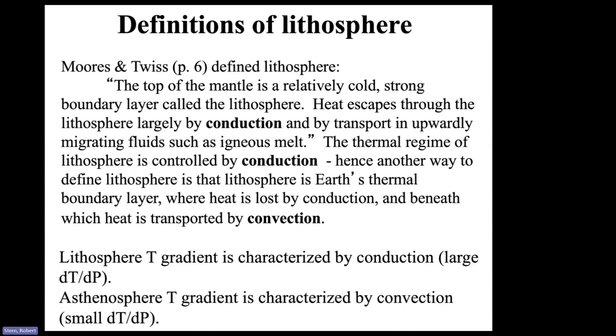The thermal structure of the lithosphere is controlled by conduction. Another way to define lithosphere is that lithosphere is Earth's thermal boundary layer. So the concept of a boundary layer gets back to, we were talking about blankets, insulation. And in contrast, beneath the lithosphere, in the asthenosphere, the heat is transported by convection.